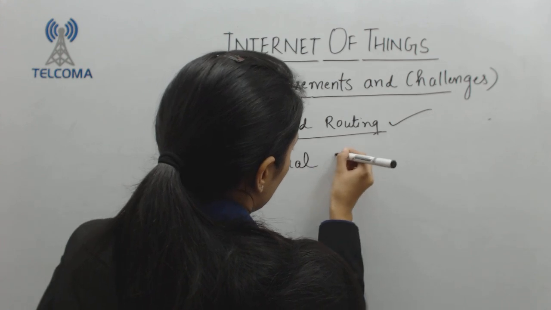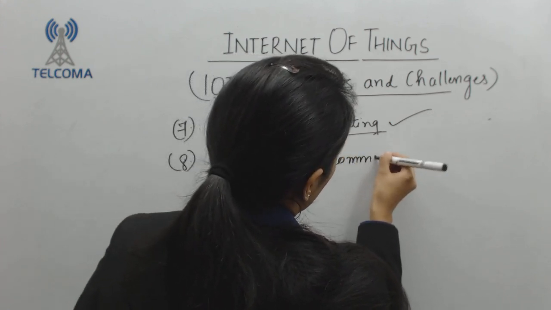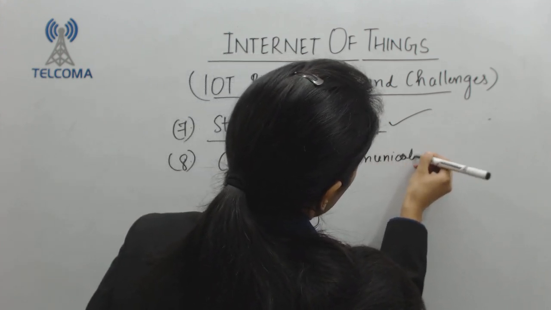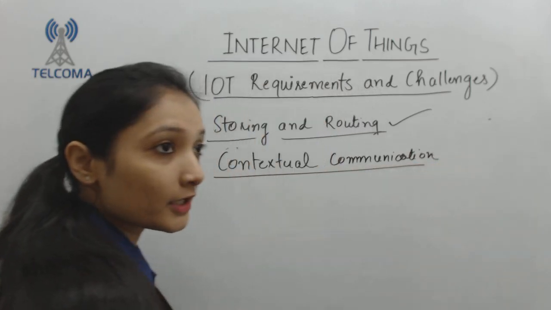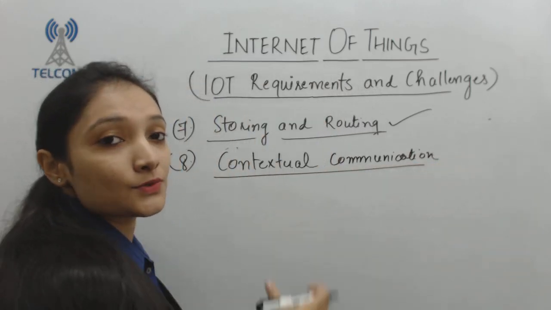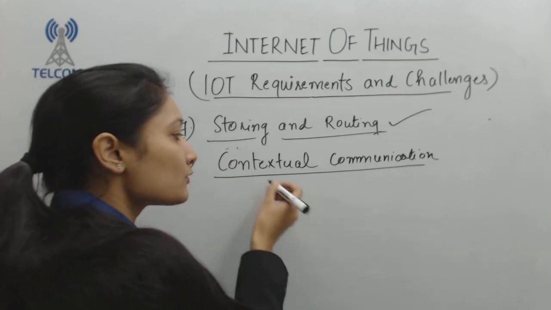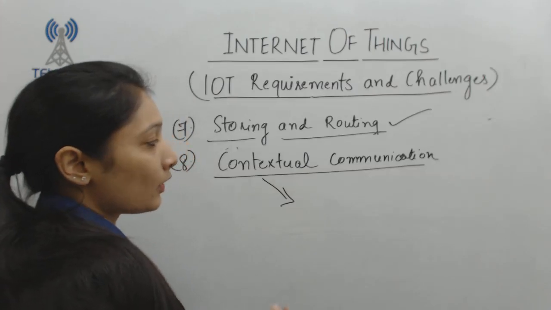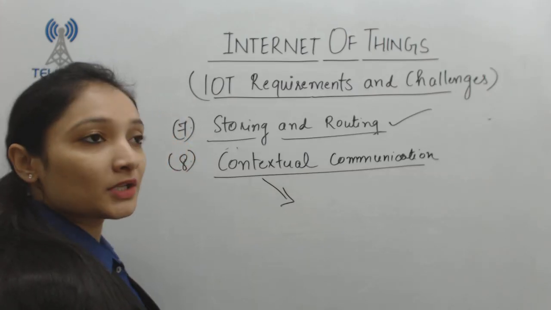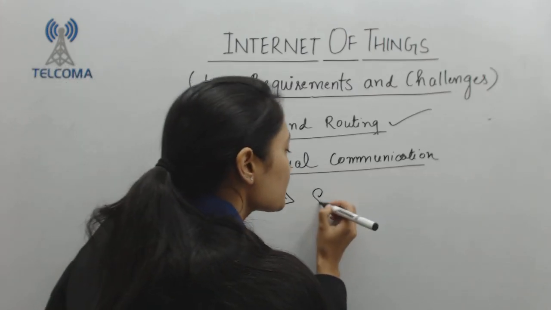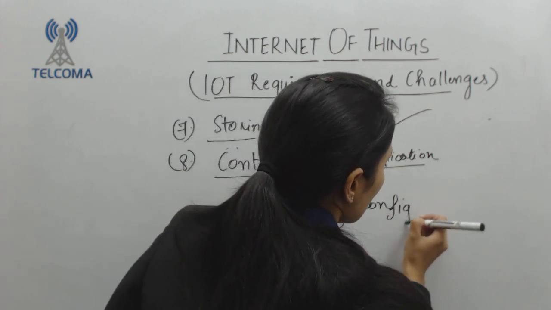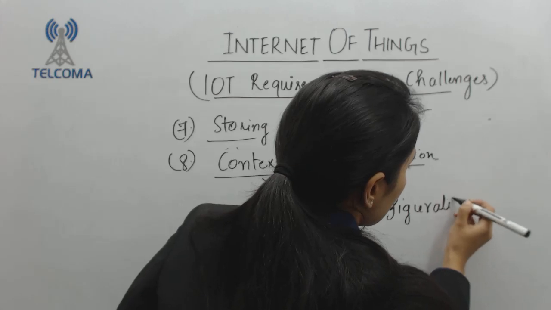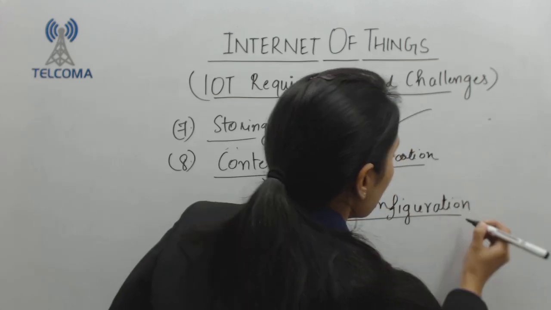Now after storing and routing, the next thing is your contextual communication. Now we will have different kinds of application scenarios for the Internet of Things, and there will be different kinds of context here. So those contexts should be able to exchange information with one another. This is referred to as an intelligent communication system, which is basically used for self configuration. That means the systems or the various nodes and devices here should be able to self configure themselves.